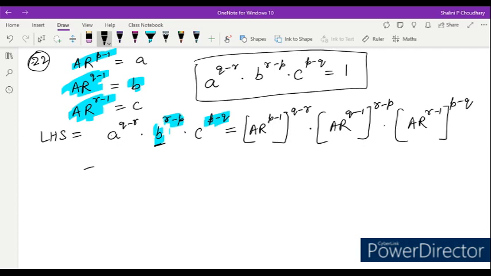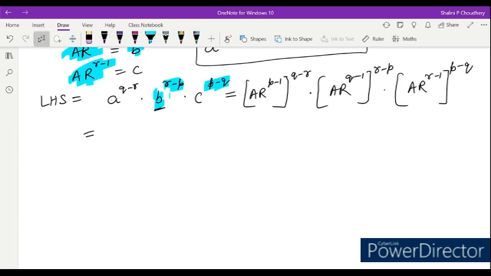Now we'll simplify this. We get A to the power q minus r, into R to the power (p minus 1) into (q minus r). Now A to the power r minus p, into R to the power (q minus 1) into (r minus p).